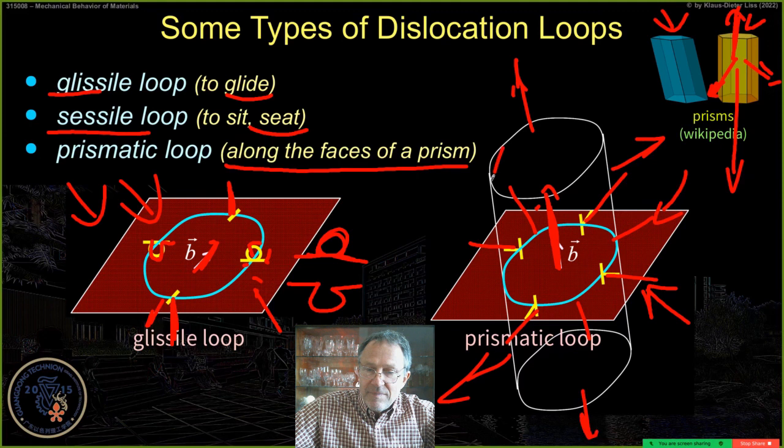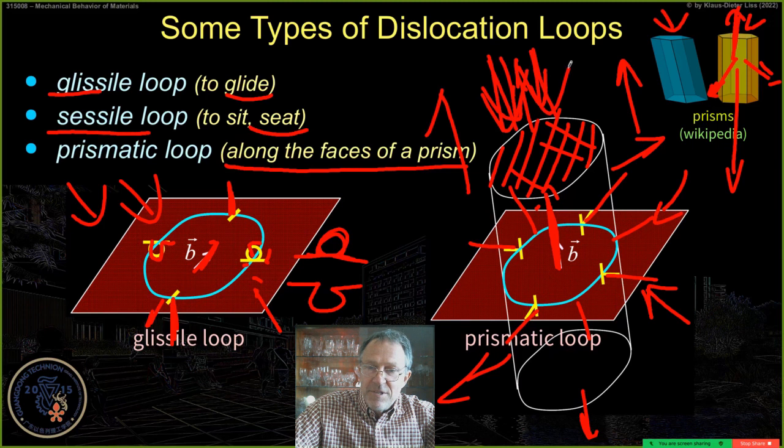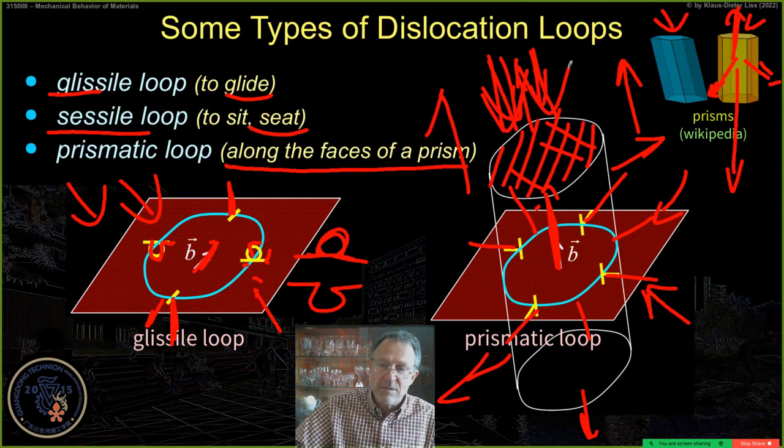But of course, if you push here with a pencil from the top into the cylinder, or from the bottom, with respect to the cylinder, so you put a shear stress here and there, they're up, and inside you push down, then it can move up and down along the cylinder, or along the prism. Remember, it's a prism because it can be a cylinder if it's continuum mechanics, and if you do the crystallographic phases, then it's more like a prism. But we call this a prismatic loop.